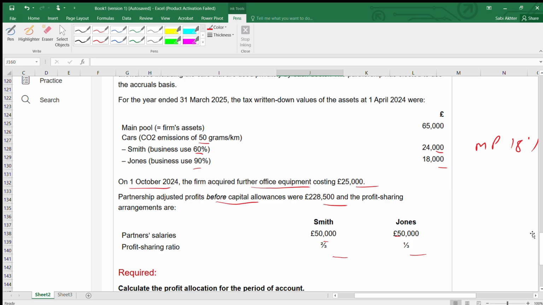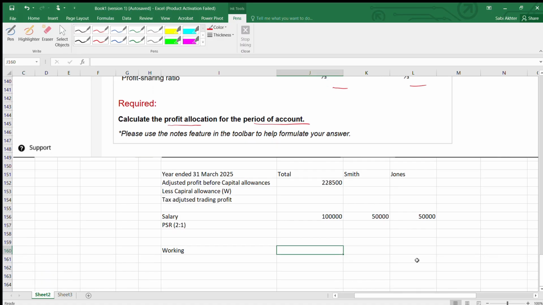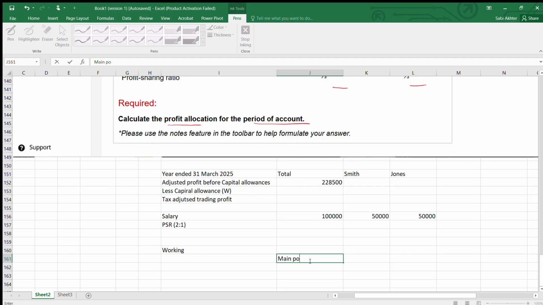Car, main pool 65, and cars, so it is main pool, Smith, Jones, and the total allowance.